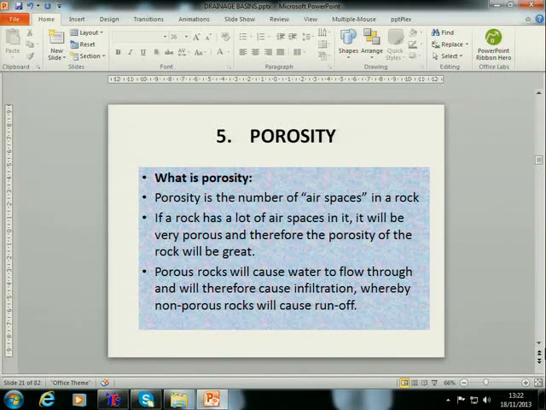Okay, if a rock has a lot of air spaces, or if a kind of ground cover has a lot of air spaces, then it will be very porous, and therefore the porosity of the rock will be great. This will cause water to flow through and will therefore cause infiltration, and non-porous rocks will cause runoff.